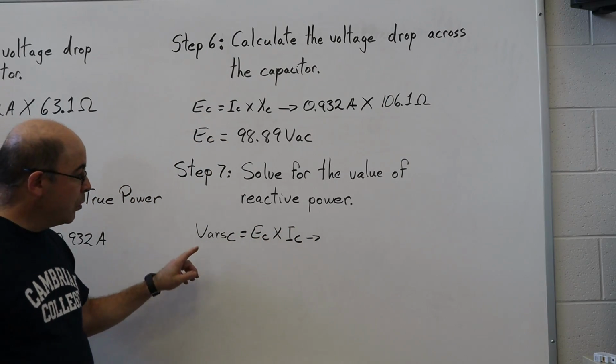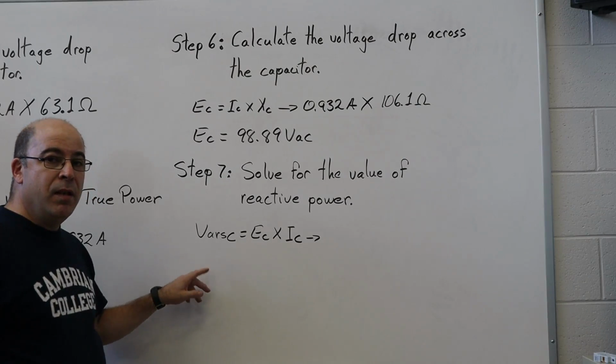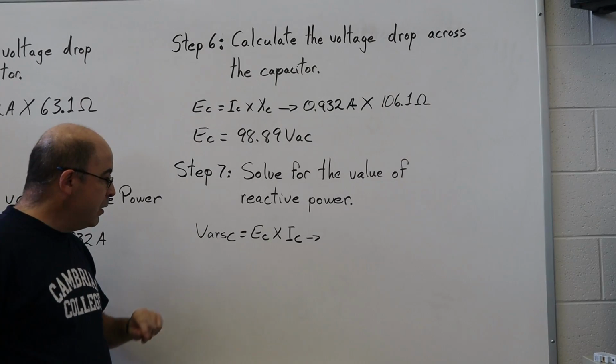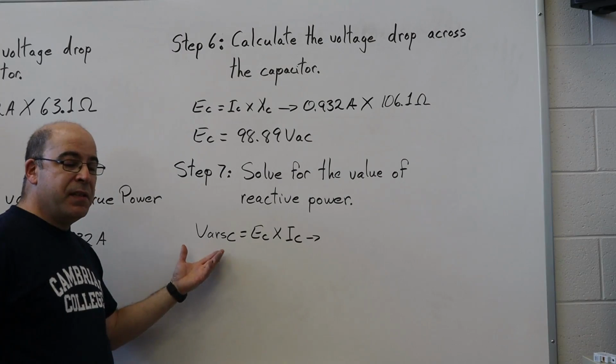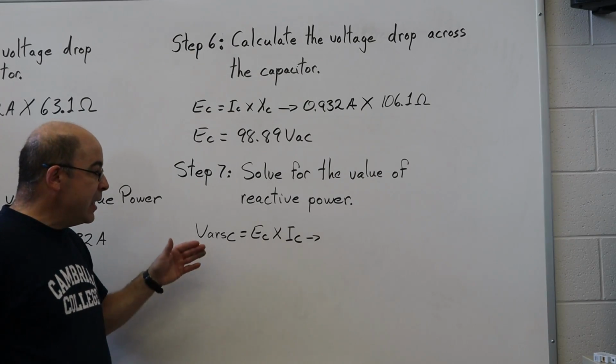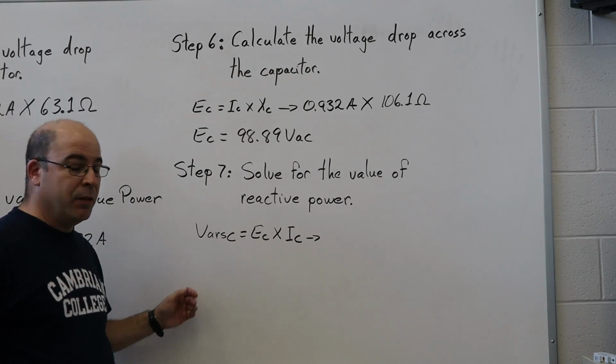Using Ohm's law, the only thing we've done is we've substituted the P for the value of var C. It is still considered to be power. We still calculate it in the same manner.